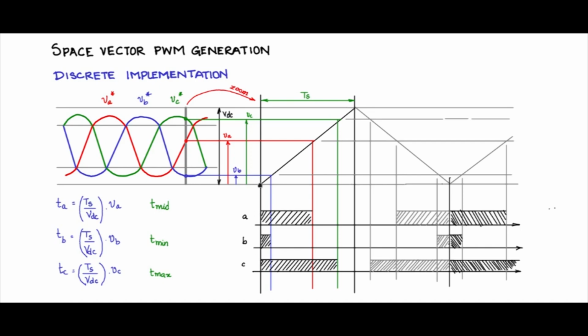So on also, if there is a down slope here, this will continue to remain high. So it looks as though the switching of the switches is at half the frequency, even though the carrier frequency is twice as much. So therefore, you will see that the switching losses are less. That is one of the advantages of the space vector PWM.